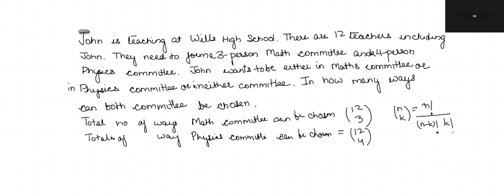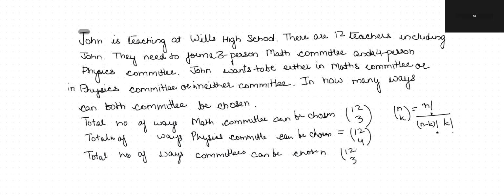Since both of these are independent, the total number of ways the committees can be chosen will be multiplied: 12 choose 3 times 12 choose 4.